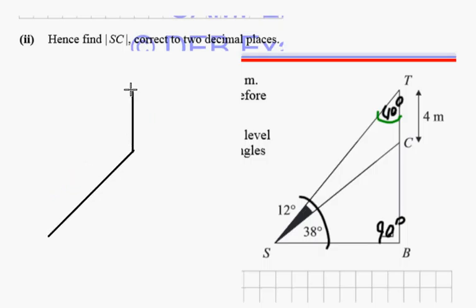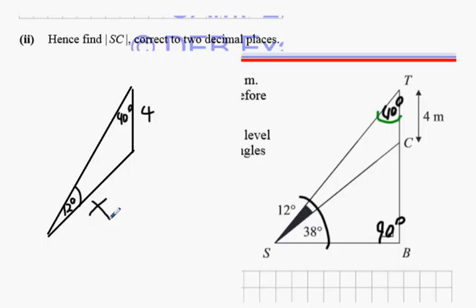So always draw them separately first. Just this triangle here. 12 degrees for this one here. 40 degrees up here. And we know that that's 4 meters. And we're looking for S to C, which we will call X. Any ideas how to work this triangle here? What rule we could use?